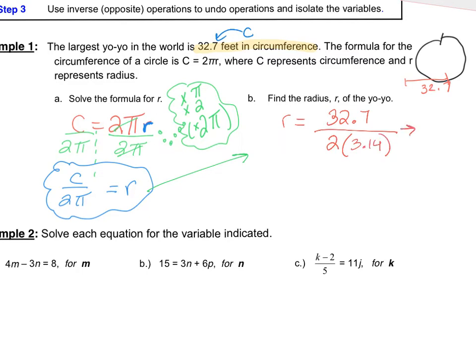And when you do this order of operations, you get 2 times 3.14 is 6.28, and on your calculator, 32.7 divided by 6.28 gives you about 5.21 if you round it. So you know the radius is 5.21 feet. All right, let's look at the next question.